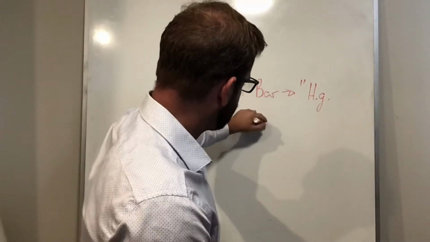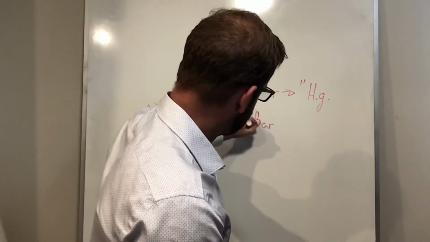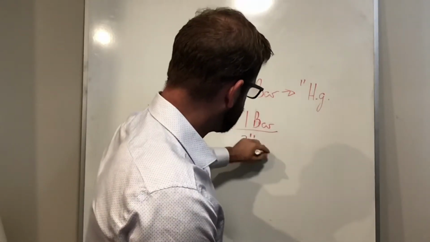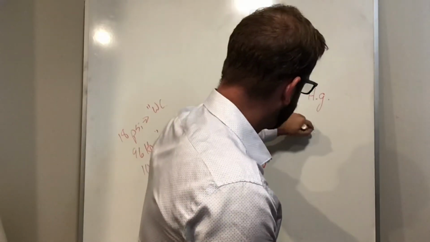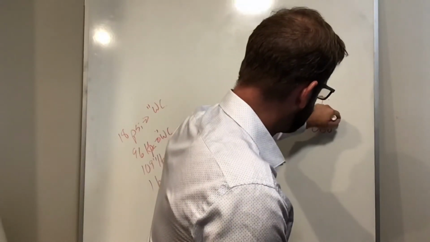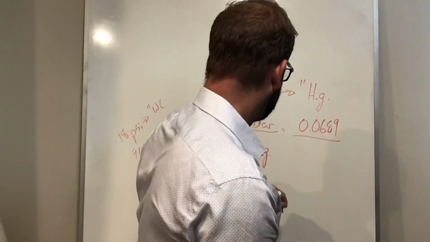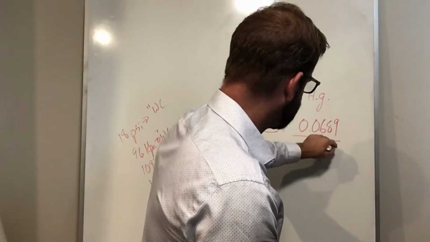So 1 bar over an unknown inches of mercury is equal to 0.0689 divided by 2.04 inches.